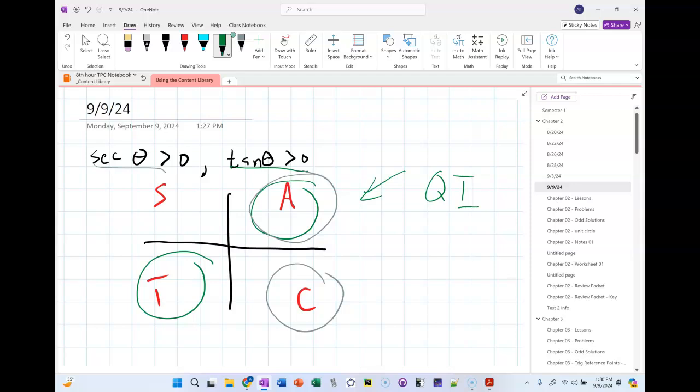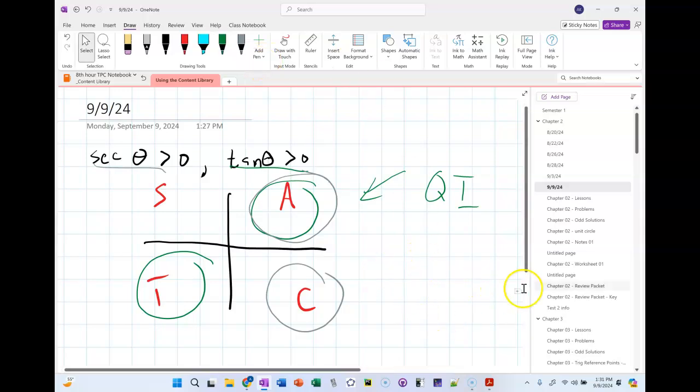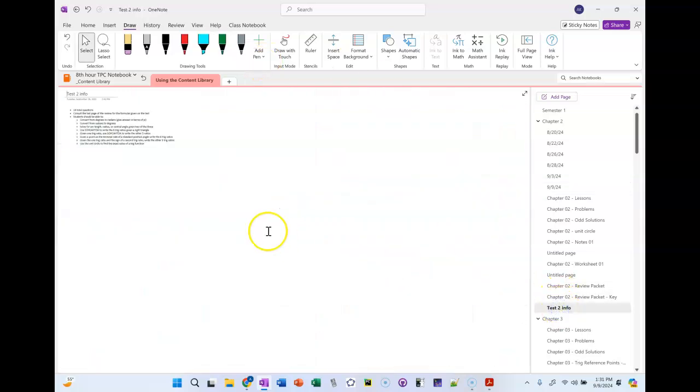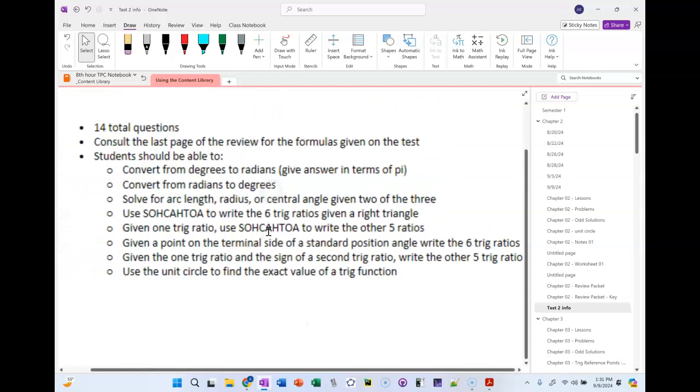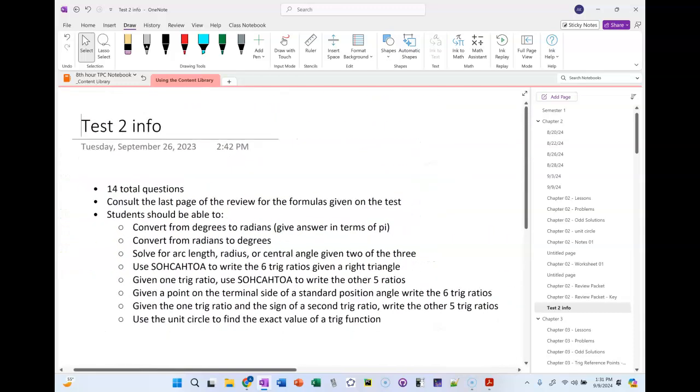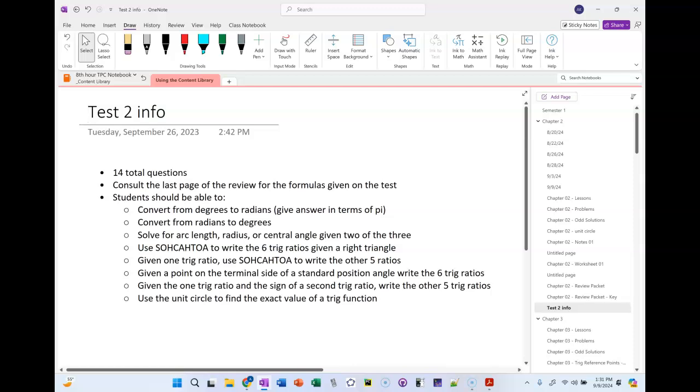Okay. Next class, we have our first chapter test. If you look in your content library, under test info I have a description of what you should expect on your test.